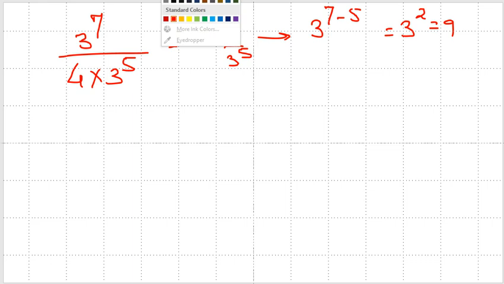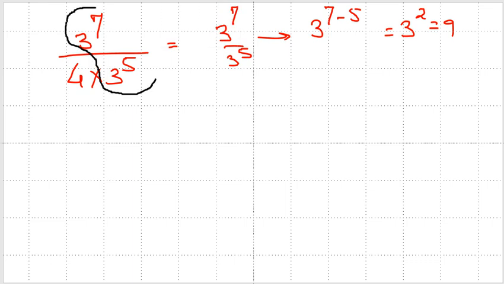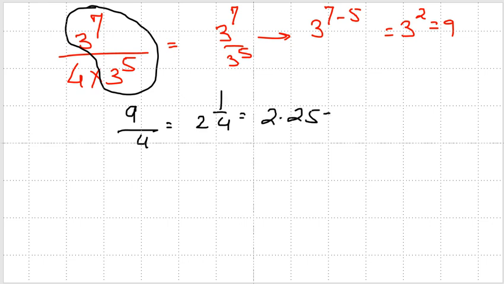So in this equation, this whole thing is not a huge expression. It's simply 9. And then you have to get 4. 9 over 4, that is 2 1/4, or 2.25, or 225%.